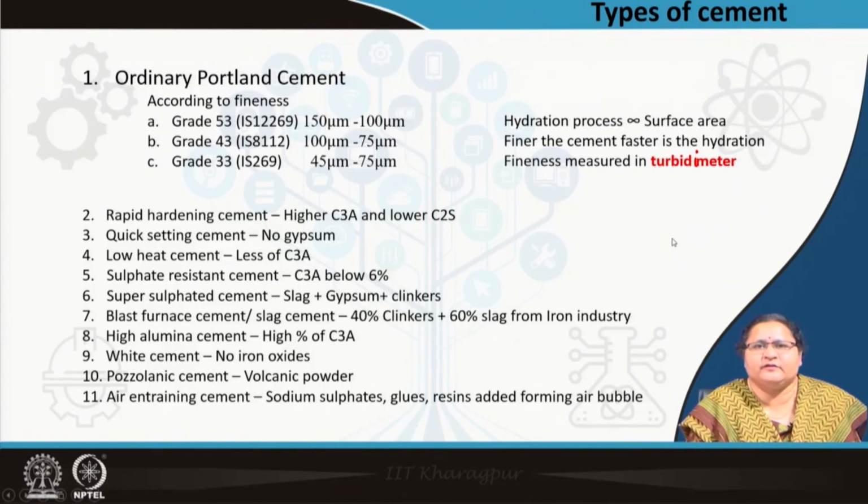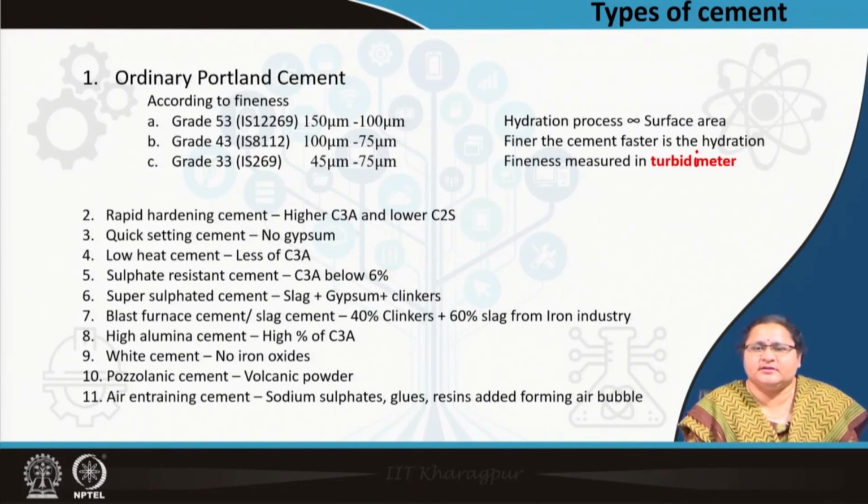Here is a list of other different types of cement. I will read it out for you. Rapid hardening cement means it will set quickly, so higher will be the amount of C3A and lower will be the proportion of dicalcium silicate. Similarly, quick setting cement will have less gypsum or maybe no gypsum, so it will set very quickly.